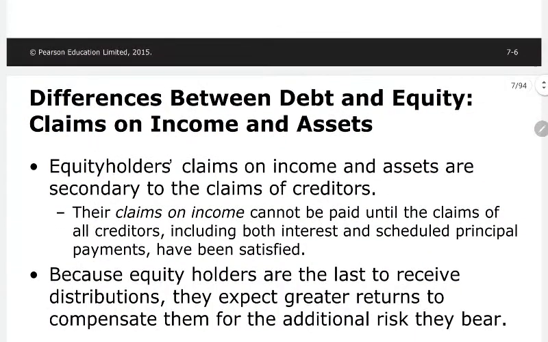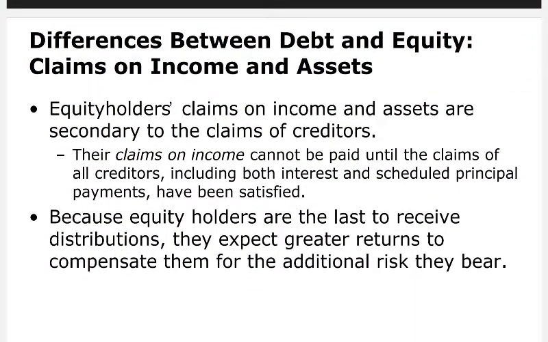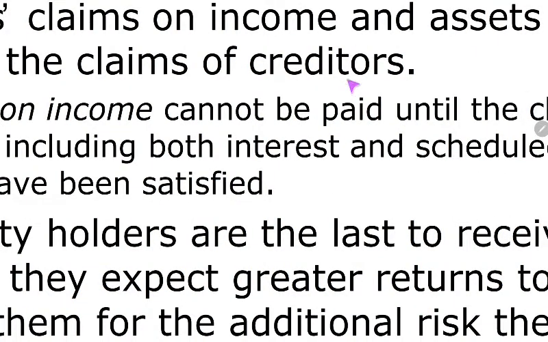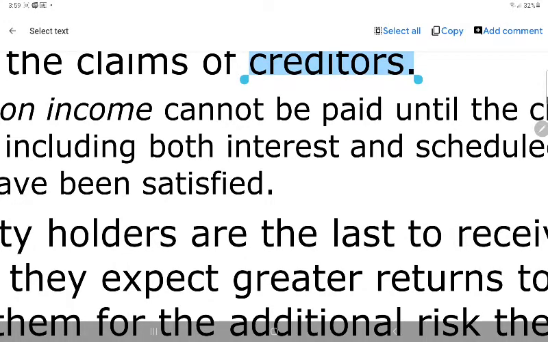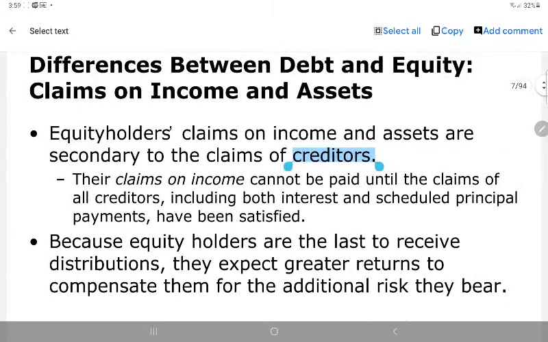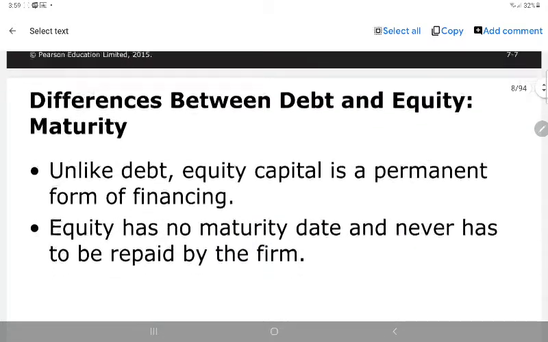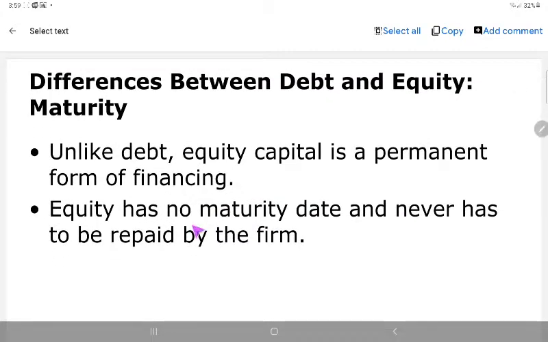O, yan, yung details ng claims on income. Okay? In-explain dito that pag may kita ka talaga, sa ayaw at sa gusto mo, una mong babayaran yung mga kung kanino ka may utang. Okay? Kay creditor. Okay. Then, anong sabi? Permanent talaga ang equity. So, I'm just reiterating what we have discussed previously.